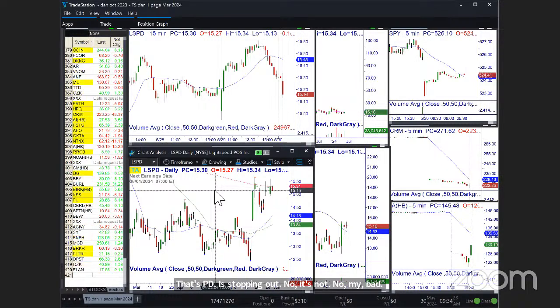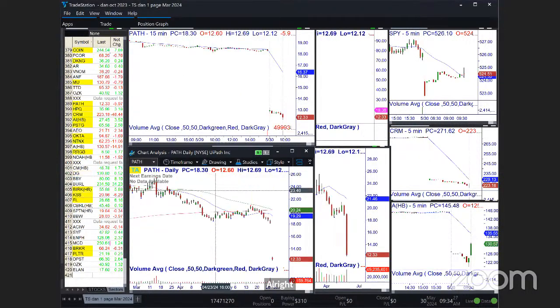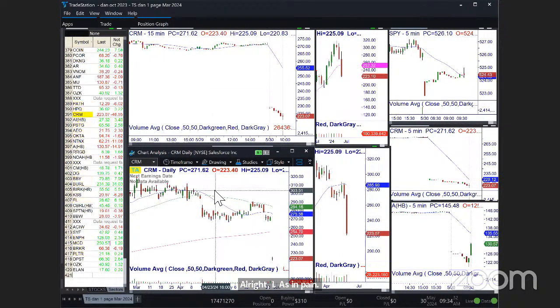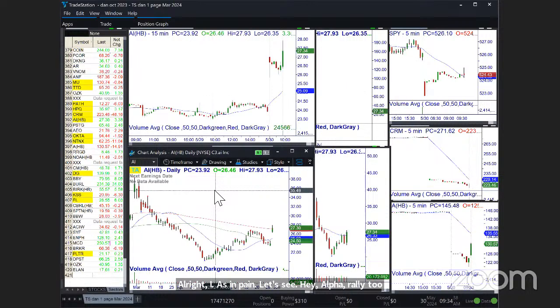All right, I mentioned HOOD, PATH is in pain, CRM in pain, Alpha rallied too much, AI. I just hate rushing into those big gappers and go's, so I'm just more patient and wait for my setup.